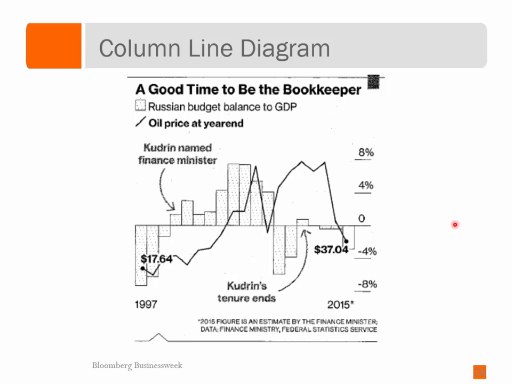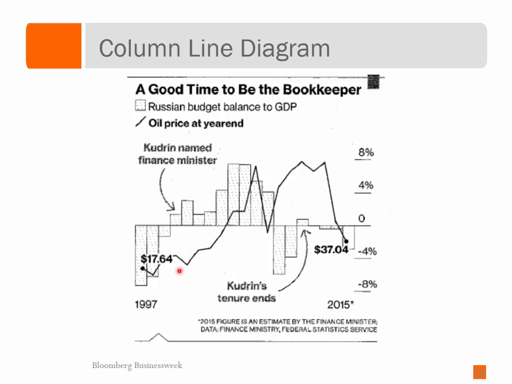Here is a column line diagram. So a little bit different type of data visualization, where we will see basically columns, sort of like a column or bar chart. Each one of these, the way this is laid out here, is the GDP, whether it's positive or negative.